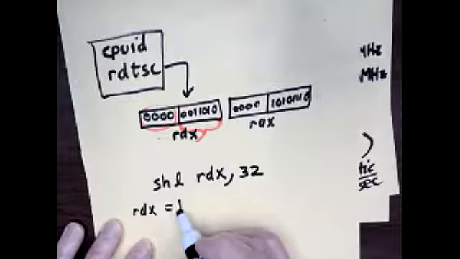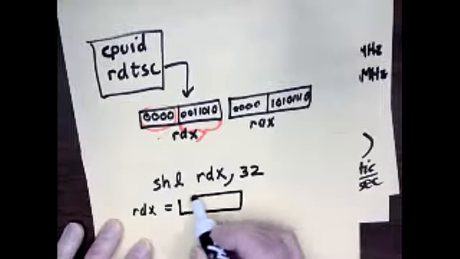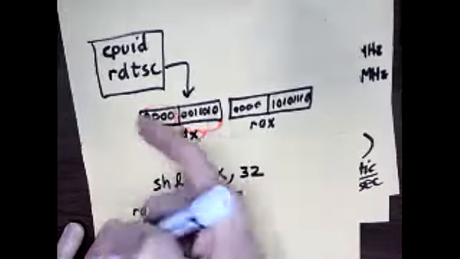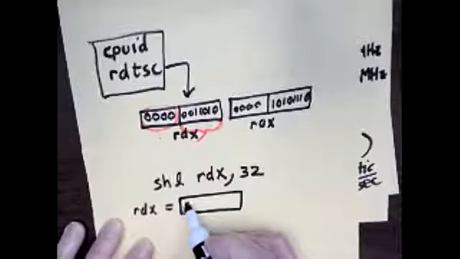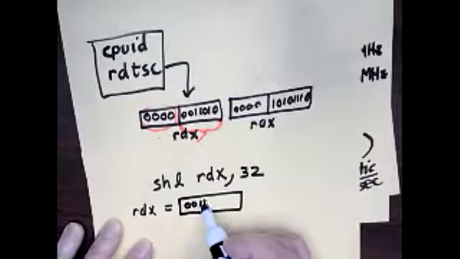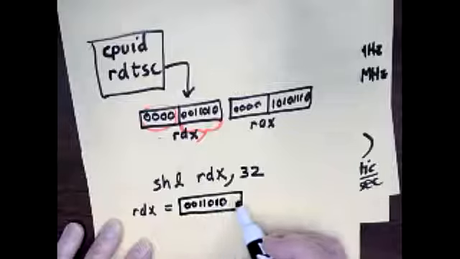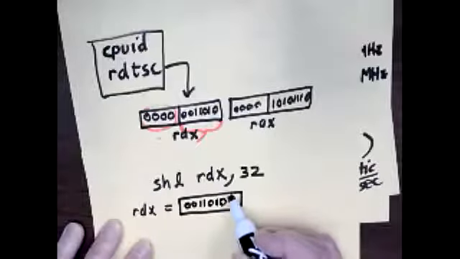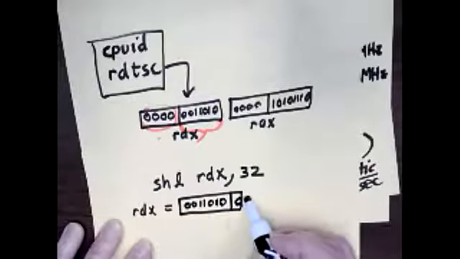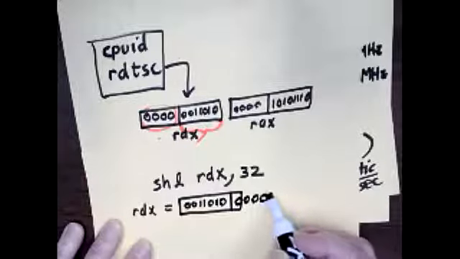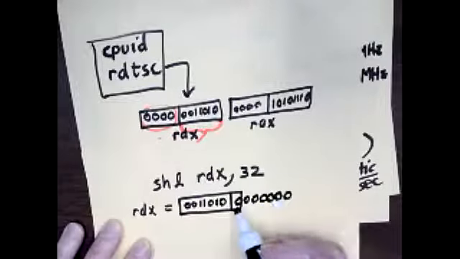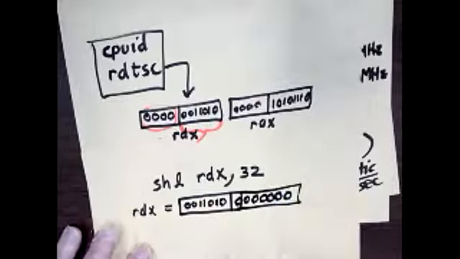Now RDX is, all those zeros are gone. All this is moved over: 0, 0, 1, 1, 0, 1, 0. And there's 32 new zeros attached in here. That's what it should look like.